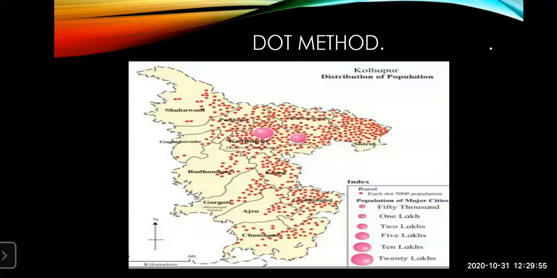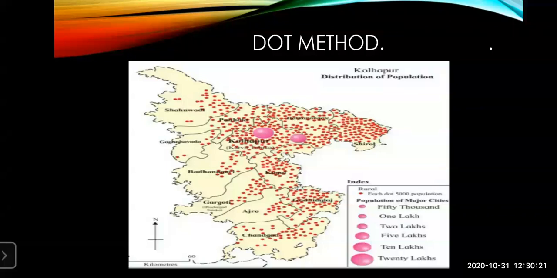So why this way? Okay, while placing the dots, you have to keep in mind the physiography. Physiography means water sources, transport system, etc. of a region, because it cannot show the human settlement. Wherever the ocean is there, wherever the sea is there, you cannot put a dot over there because you cannot show human settlement living in that water.